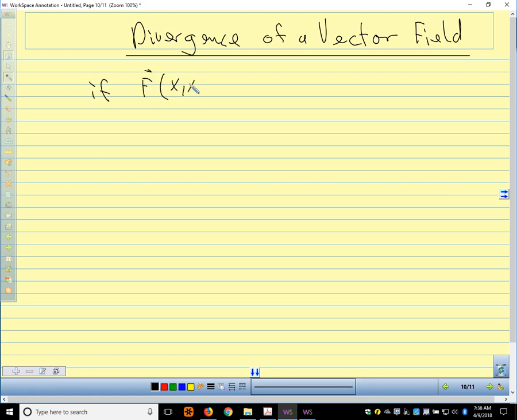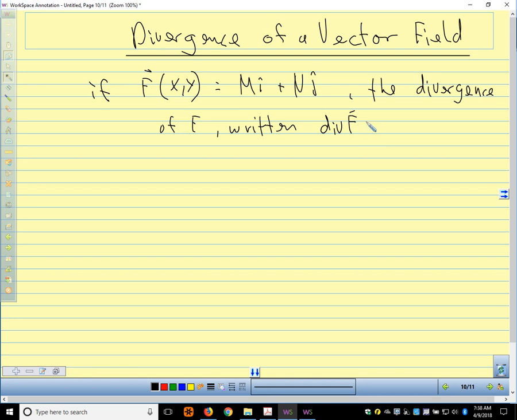If we have a vector field in the plane, the divergence of f, we say div f for divergence, equals del dot f.